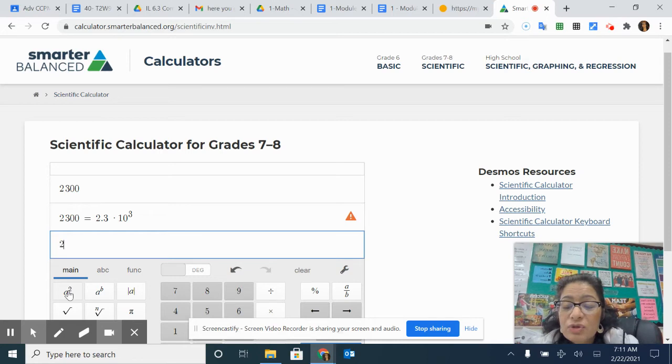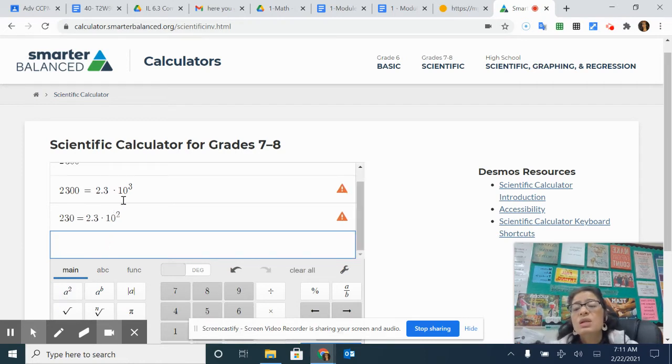Now, if I have 230, what would that be in scientific notation? It'll be 2.3 times 10 to the power of 2, because there's 2 numbers right after the 2, okay? Now, what do you notice? What is happening right there? Look, what happened to the exponent?